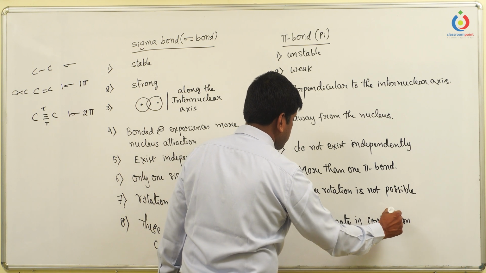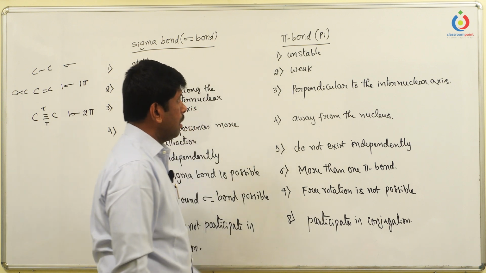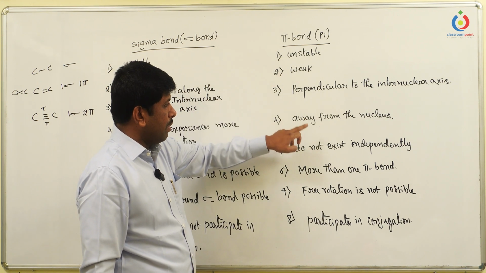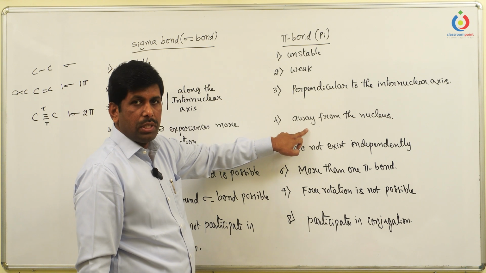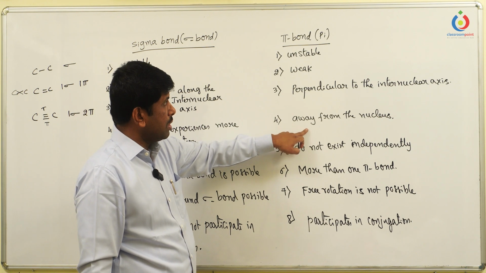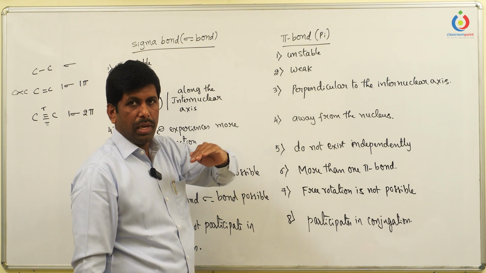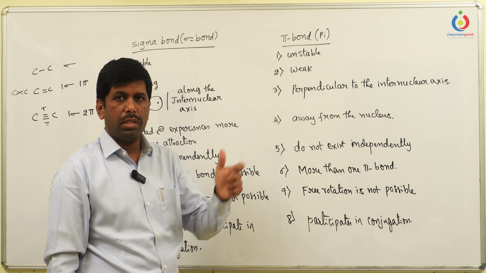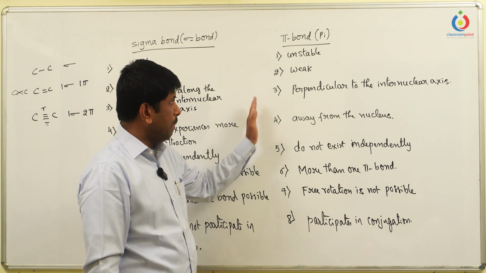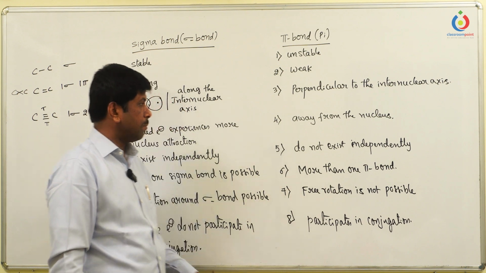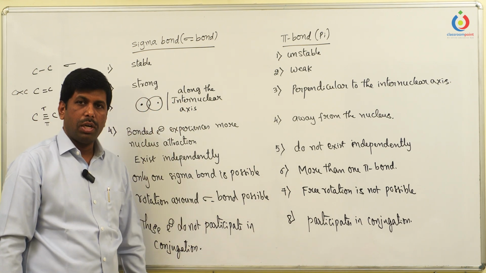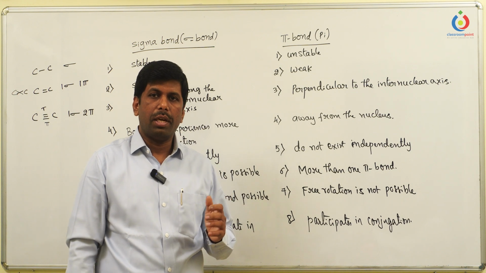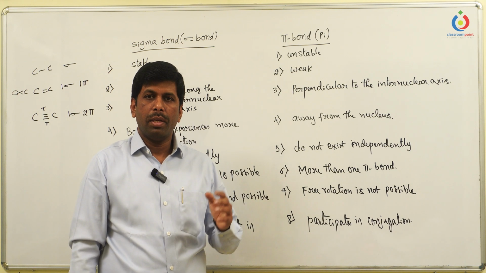Why do pi electrons participate in the conjugation? The reason here is, pi bond is formed away from the nucleus, so it is not strongly attracted to the nucleus, hence this is a weak bond. Hence the pi electrons are always ready to jump from one place to another place when the molecule is in conjugation. That's why pi electrons participate in the conjugation, but sigma electrons usually do not participate in the conjugation. So these are the differences and similarities between the sigma bond and pi bond.